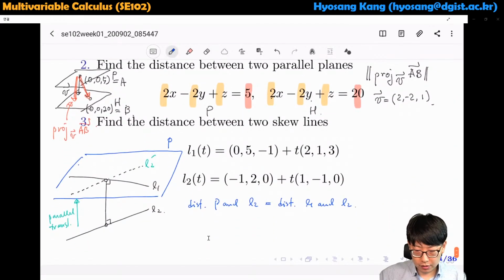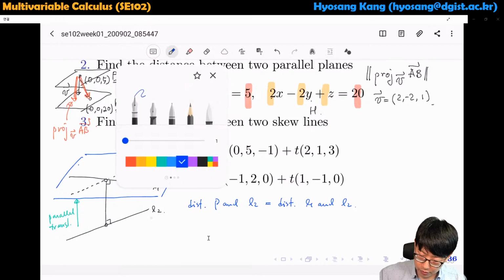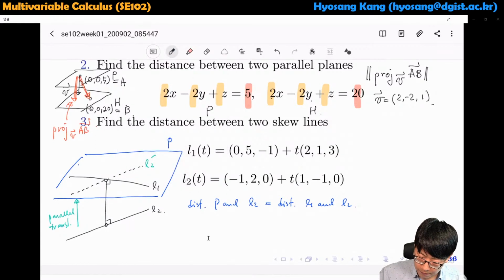Okay, so how do you get the distance between P and L2? You do it a similar way. You pick a random point here. If you're very lucky, you might get a nice point, but it doesn't matter, just pick a point here. Let's say we have A, let's say (-1, 2, 0) when t equals 0.